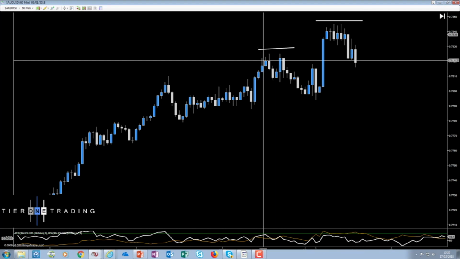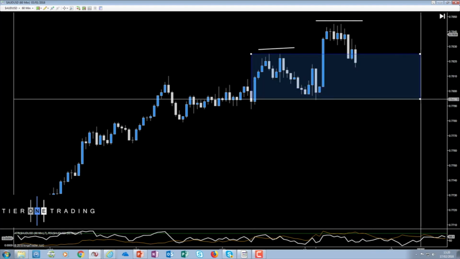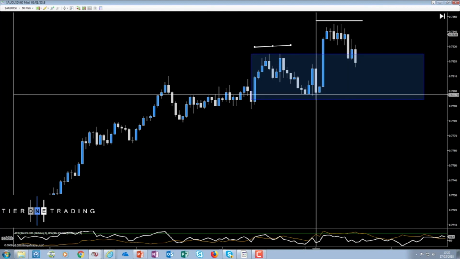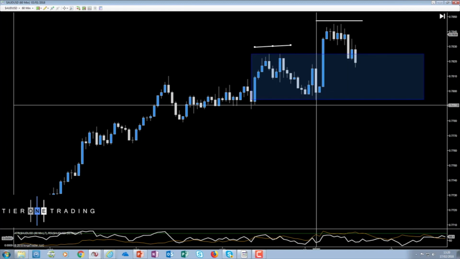So we're still going to build out our initial kill zone, which of course is from the high of the previous high to the low of the previous outside return.